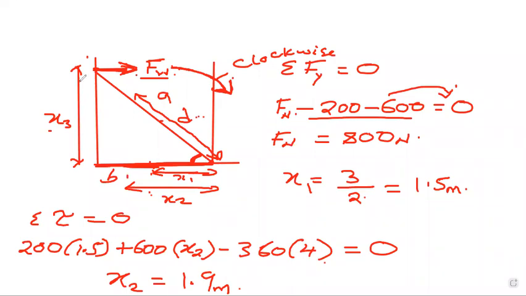If we use SOHCAHTOA to get the angle, the relationship which relates adjacent and the hypotenuse will be the cosine function. So cos theta will be equal to our adjacent, 3 meters, over our hypotenuse, 5.